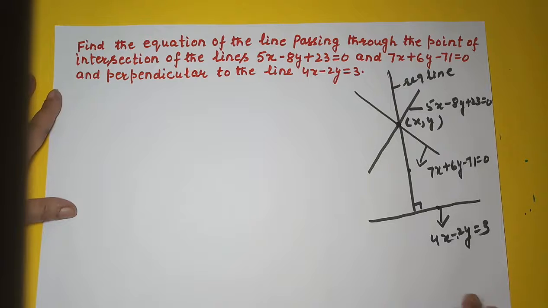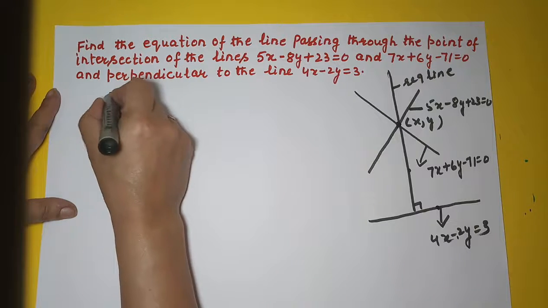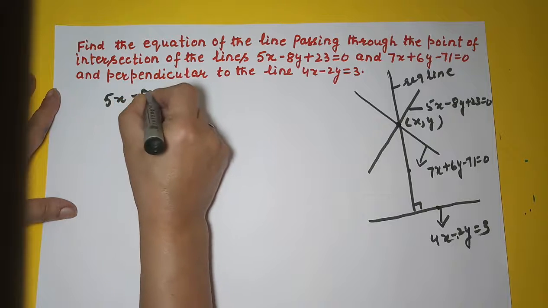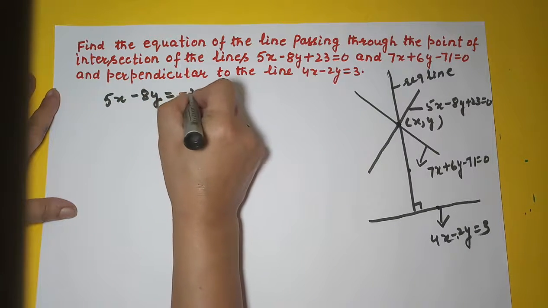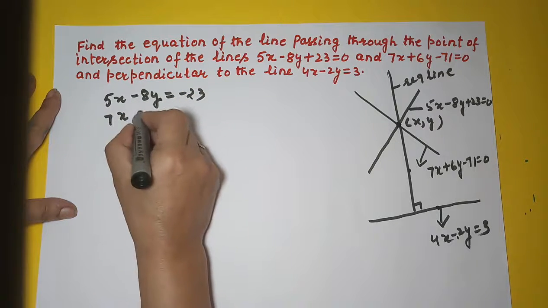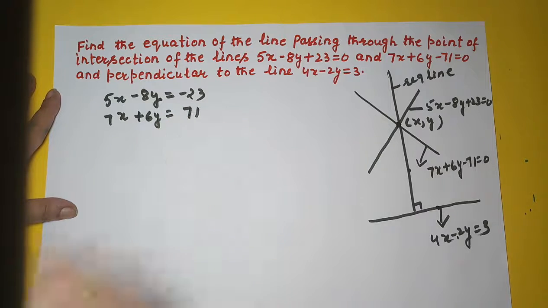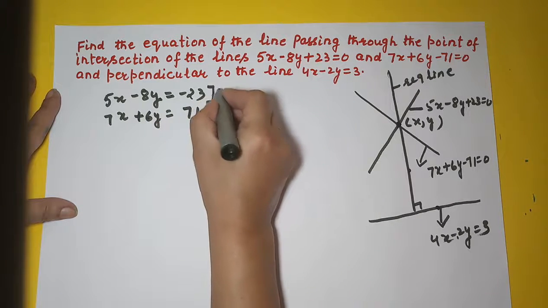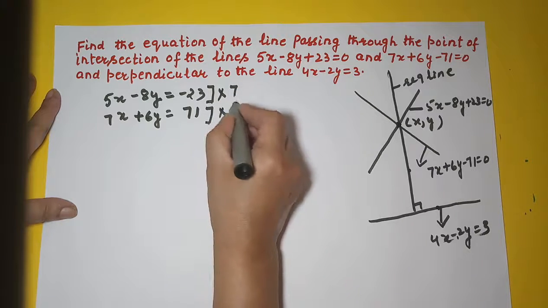So how will I find the point of intersection? I will have two equations, 5x minus 8y equal to minus 23, and another, 7x plus 6y equal to 71. So let me multiply the first by 7 and the second equation by 5.